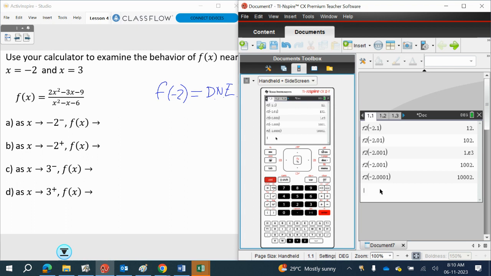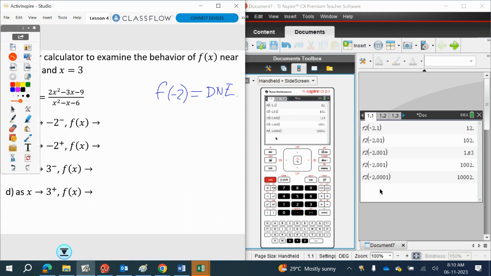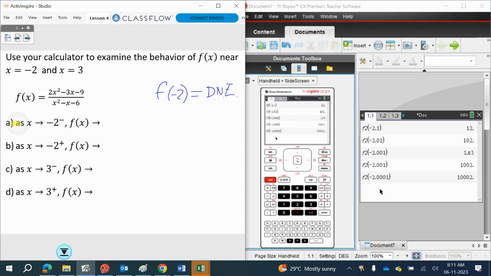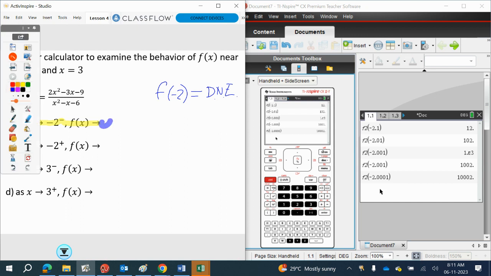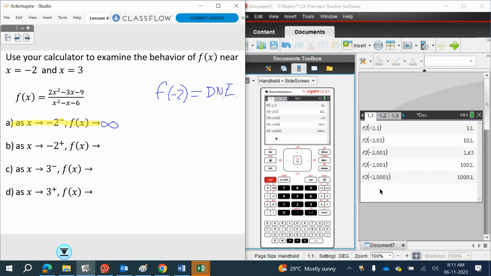So what this sentence says is, as x approaches negative 2 from the left-hand side, so let me use my highlighter pen through this, as x approaches negative 2 from the left-hand side, f of x approaches, and then I write in infinity.